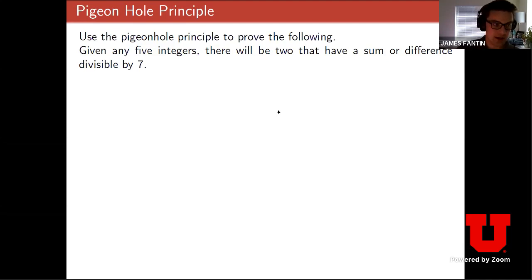Whenever we have a pigeonhole problem, what we always want to go back to is that pigeonhole theorem that introduces the variables that you may remember, m and n, to count the number of boxes and the number of items that we're putting in our pigeonhole. So what we want to notice here is that we have 5 items total.